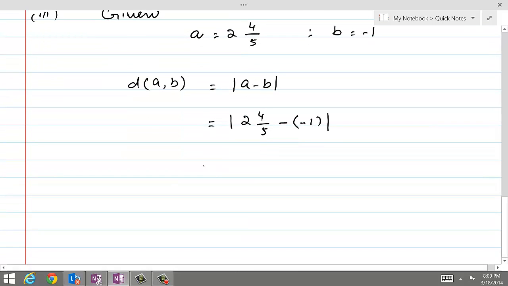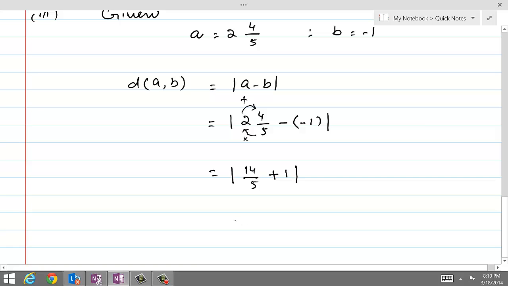This is equal to, if we want to convert this 2 whole 4 by 5 into an improper fraction, you can multiply this with this and then add this for changing it into an improper fraction. This will become 2 times 5 is 10 plus 4, 14 over 5, and negative times negative will become plus.